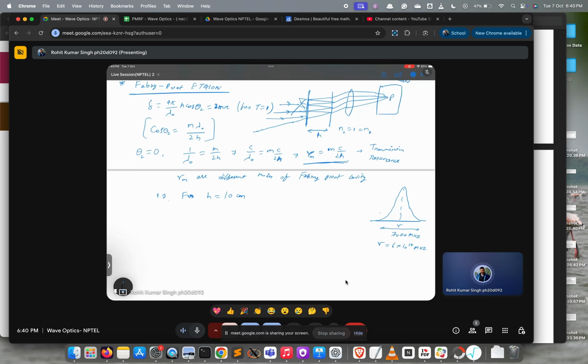For that kind of light, first of all we can calculate the spacing of two adjacent modes, meaning m plus 1 and m. We can calculate that from this formula: m plus 1 c by 2h minus m c by 2h, which is equal to c by 2h, right?